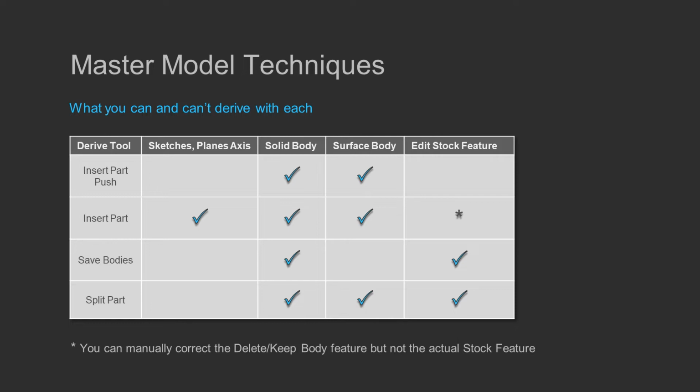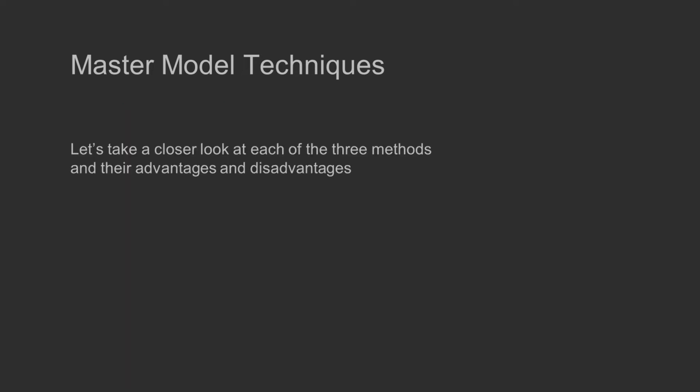The final is split part, where you split out a single body, usually from a base part that's going to be eventually used as the component. We talked about that a little bit in our last episode. So let's take a closer look at the advantages and disadvantages of each of these methods.